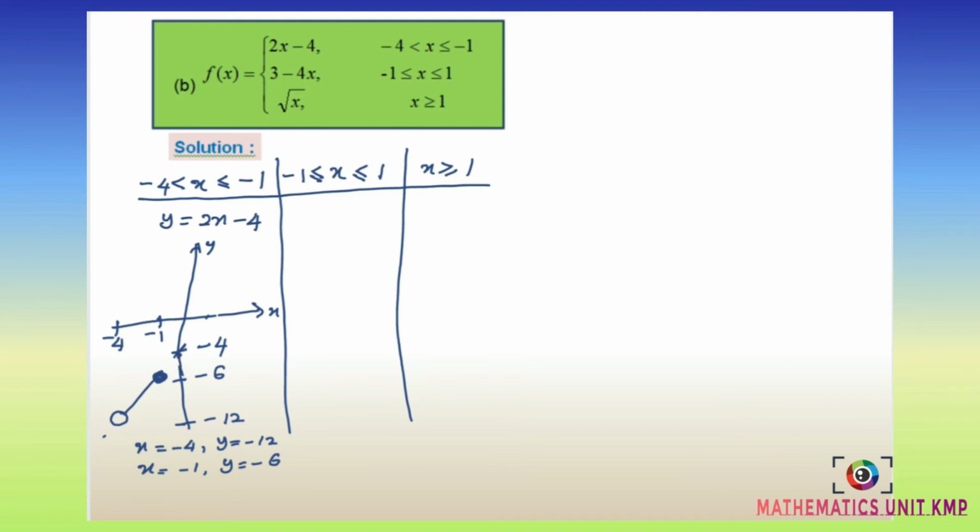Next, for the second function, y equals 3 minus 4x, also a linear function. It intercepts the y-axis at 3, and the graph is decreasing.